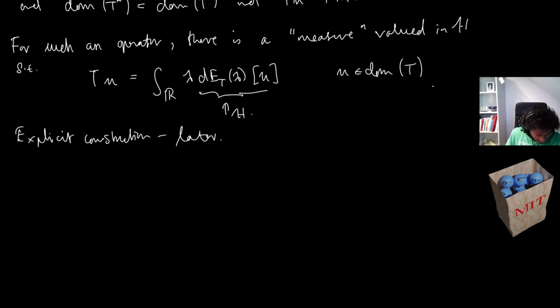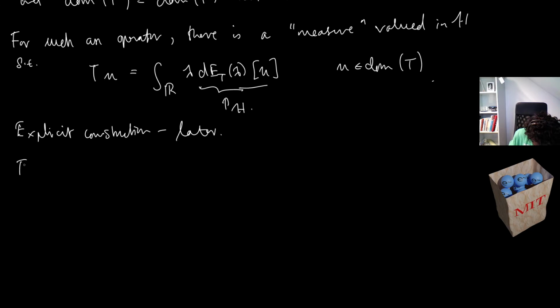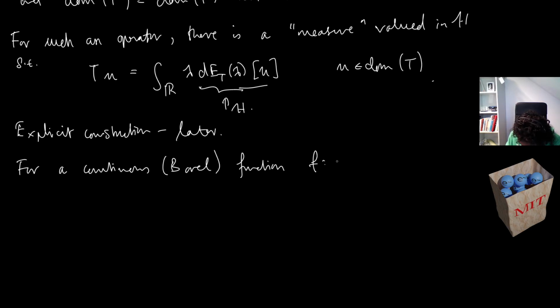But what is important is that for a continuous, or more generally, we can also do this for a Borel, but let's not worry about that, function that's real valued, we just use the expression as before.